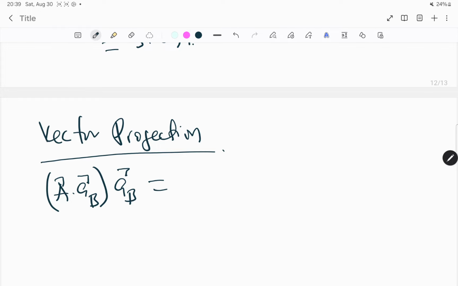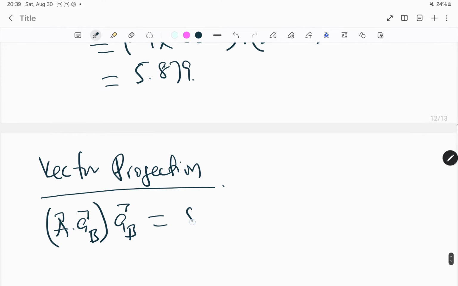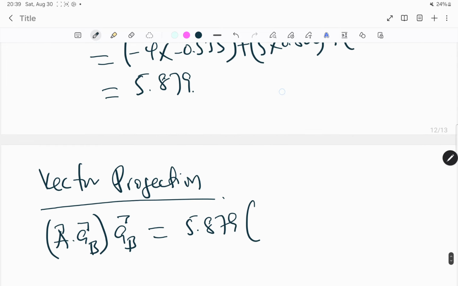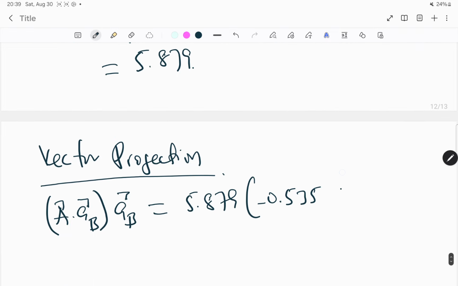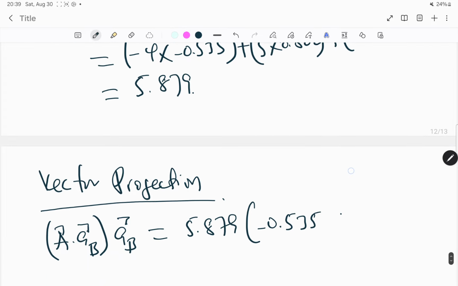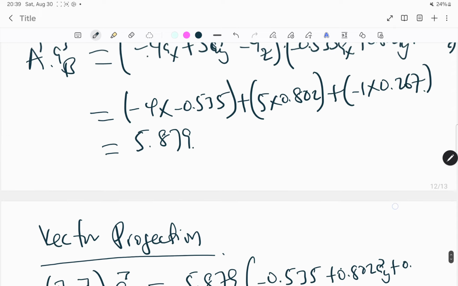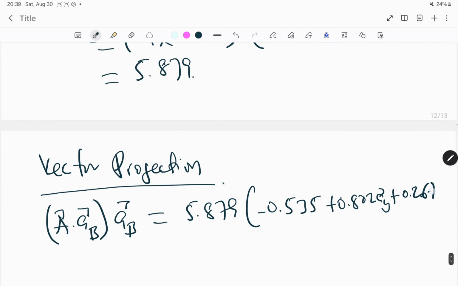So I'm just going to have my scalar, 5.879, times the unit vector, which is minus 0.535 plus 0.802, then plus 0.267.